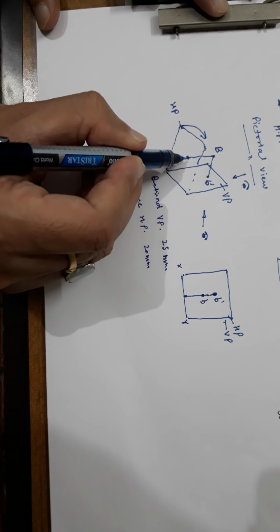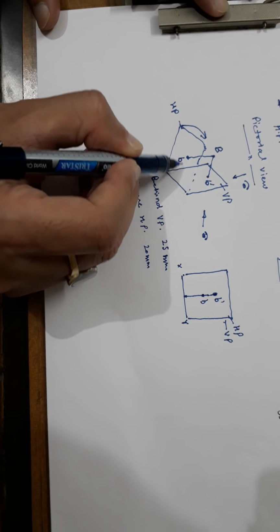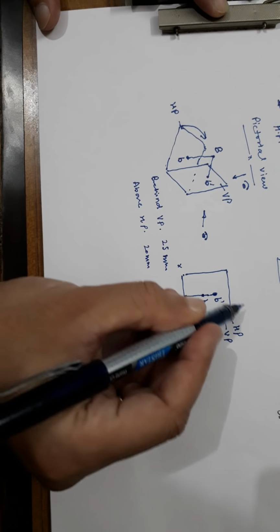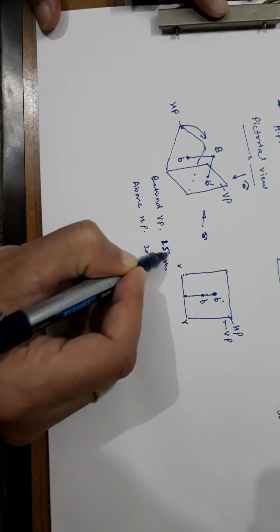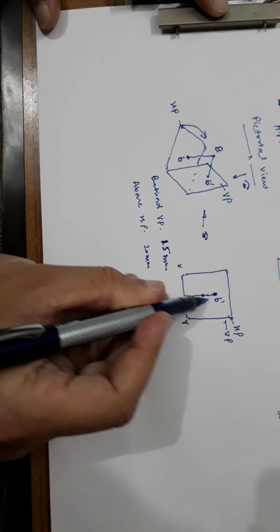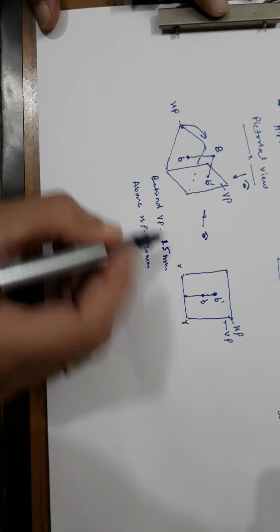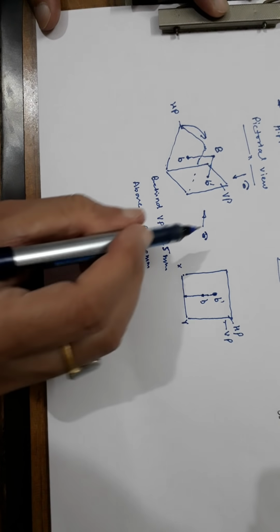So this distance will be transferred here in the HP, and when you rotate it, it will be so. Suppose now it is 15 mm. You can assume 15 mm, because I have already drawn this. So it is 15 mm behind VP and 20 mm above HP.